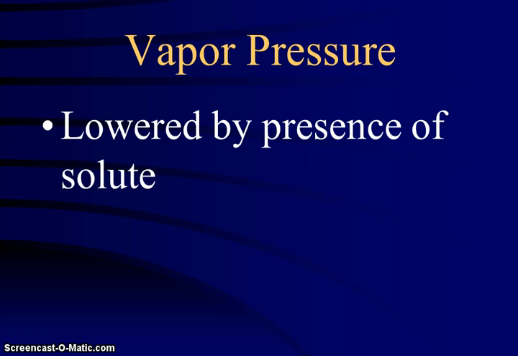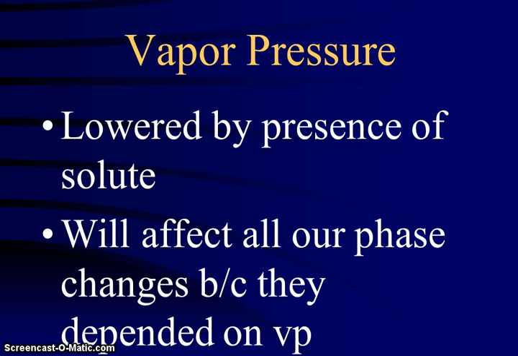We know that when we add a solute to a solvent, the vapor pressure is lowered, and it's dependent on how much solute particle we add, not what the solute particle is.